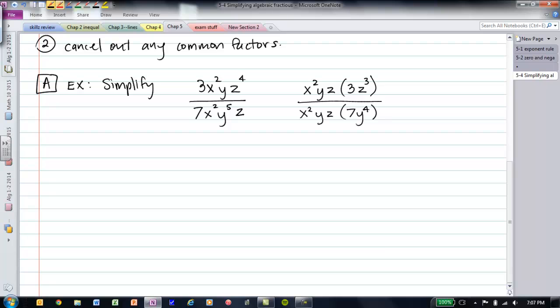So you'll notice that now I have factors that I can cancel. I have x squareds that cancel out, I have y's that cancel out, I have z's that cancel out, and all that's left are those things in the parentheses. So our final answer is 3z cubed over 7y to the fourth. Okay, that was the first example.